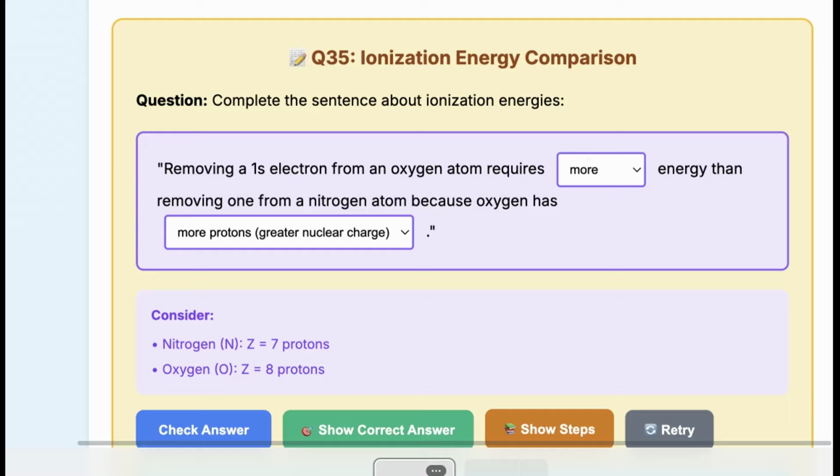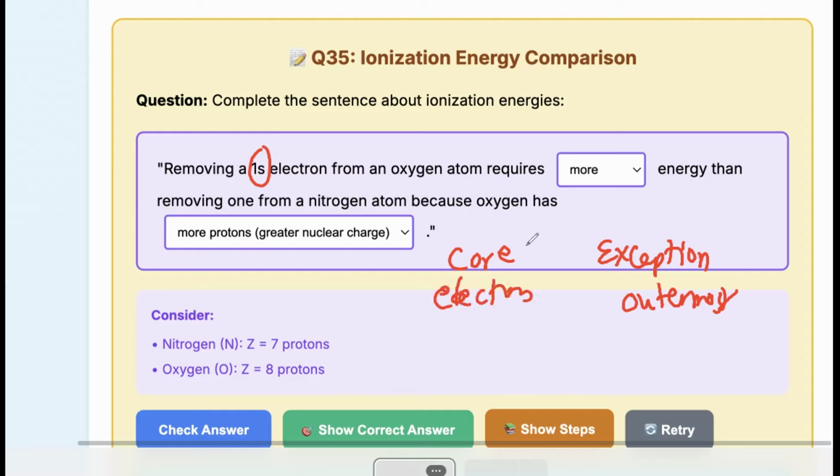Take care, there is an exception only if you are talking about outermost electrons. But if you are talking about core electrons like 1s electrons, there is no exception. Core electrons are inside, and there is no effect. So here it will be going with the normal trend.